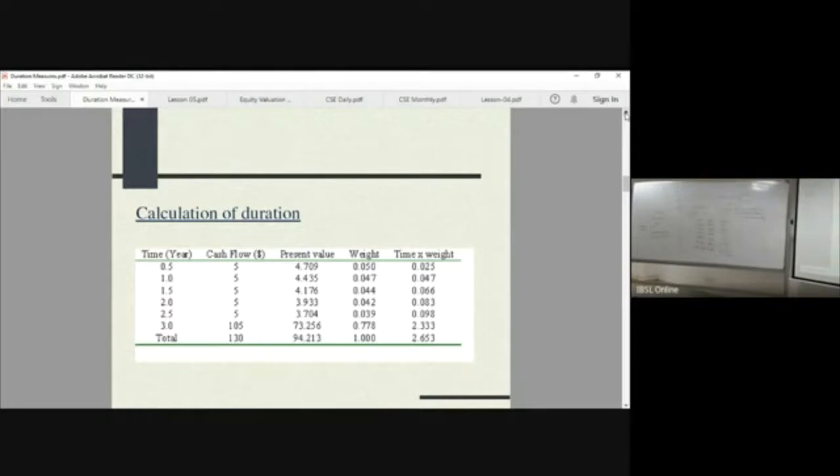Time squared into w. First one would be 0.125, is it? 0.125, yeah.